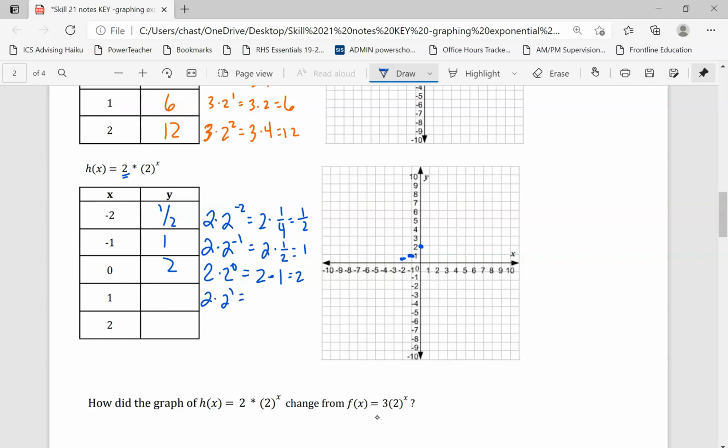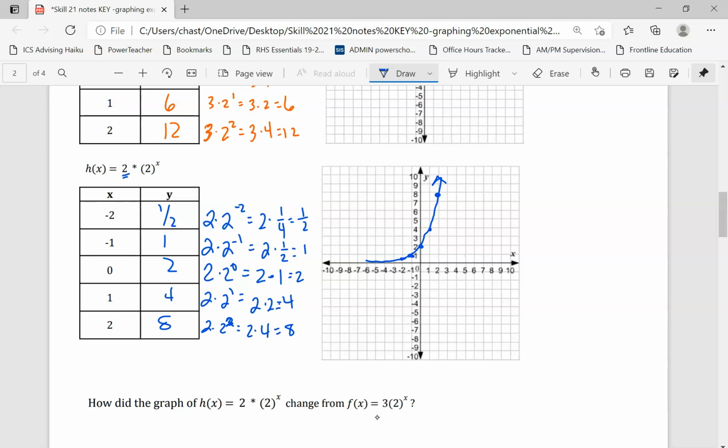2 times 2 to the first, that gives me 2 times 2, which is 4. If I plug in 2, 2 times 2 squared, so 2 times 4, which makes 8. All right, so we can see we have another function.